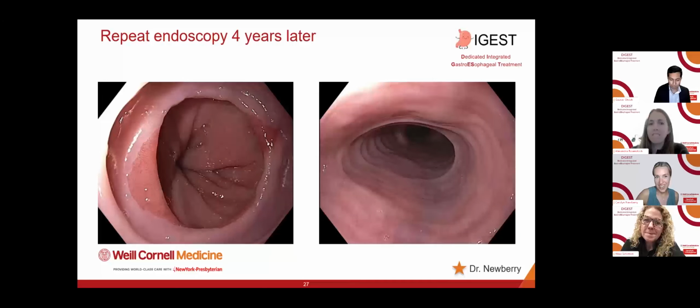This patient was feeling better and got lost to follow-up. When we went back in with the camera, you can see that there are esophageal changes again that are of concern. In particular, the narrowing that we're starting to see, those strictures, if you remember from the previous pictures, are starting to form.